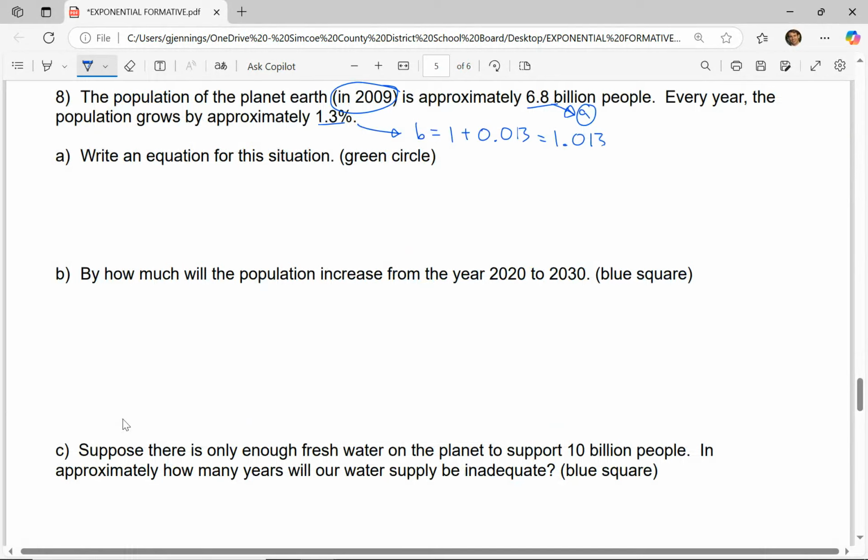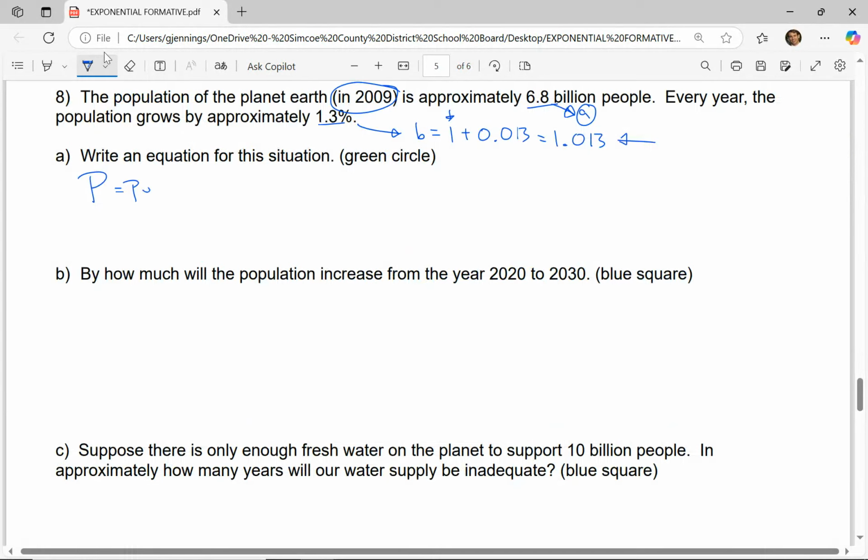Let's write an equation for it. So population, P, equals population. We'll say lowercase t is number of years since 2009.